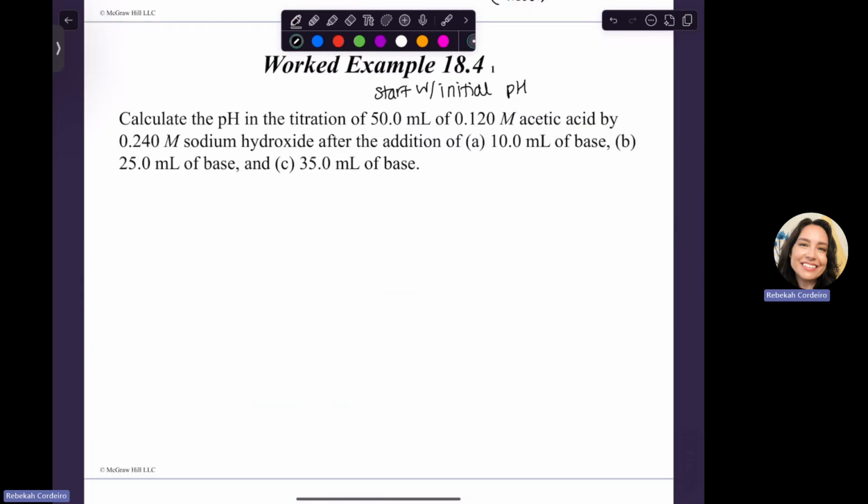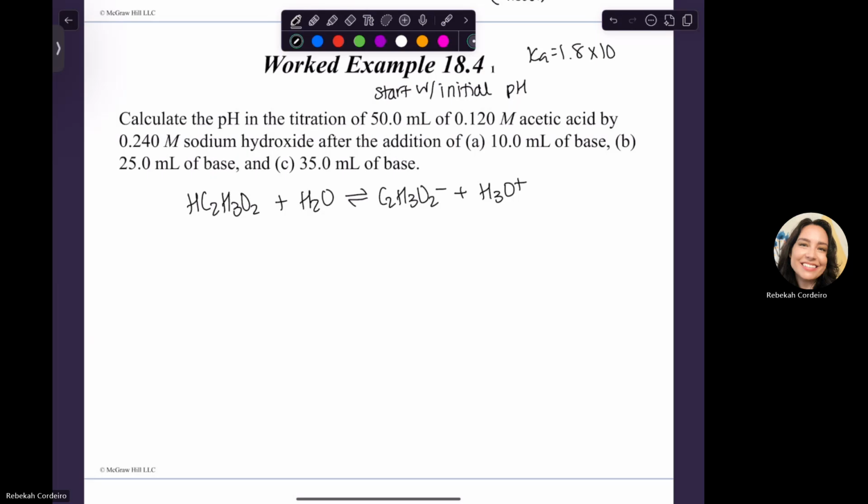So initial pH would be acetic acid before I add anything, plus water, giving acetate and H3O plus. Oh, you need Ka. So if you haven't started it now because you need a Ka, then go ahead and pause and start it now.